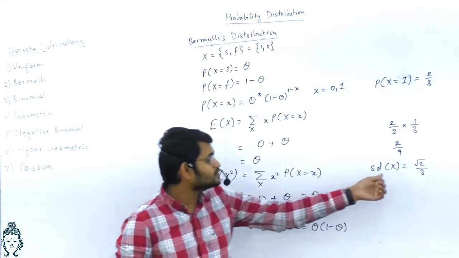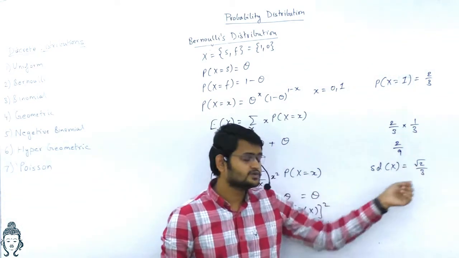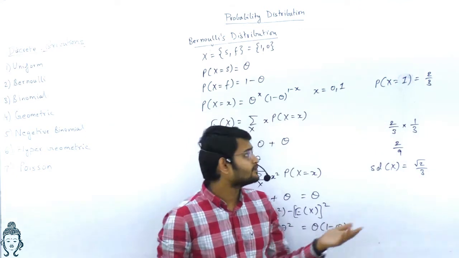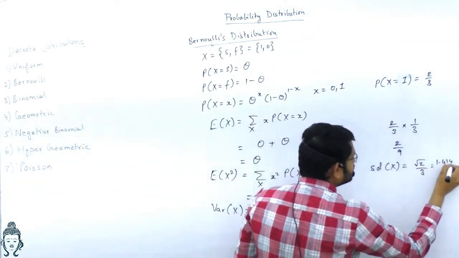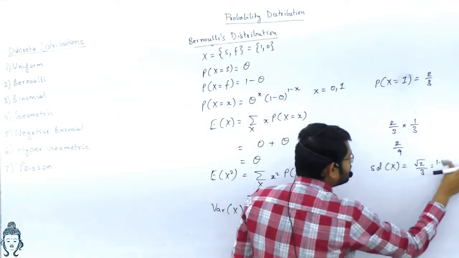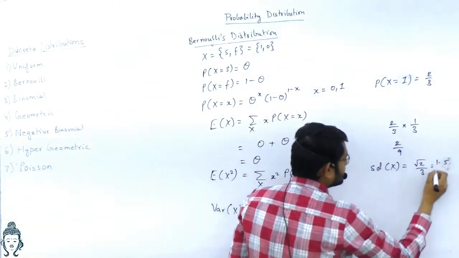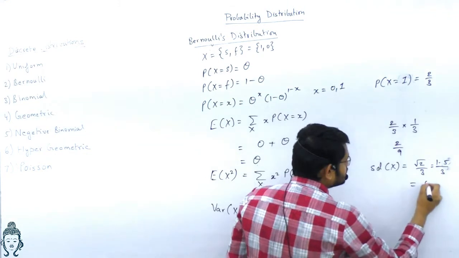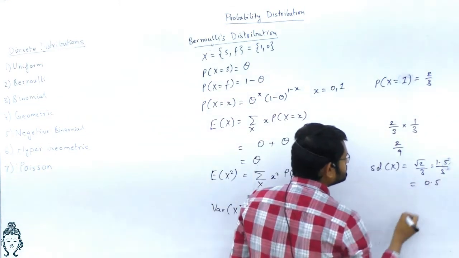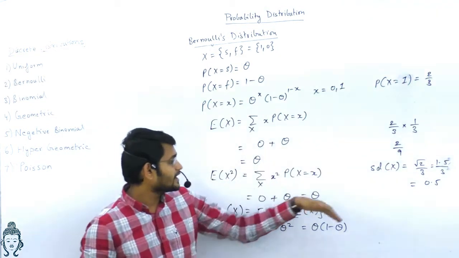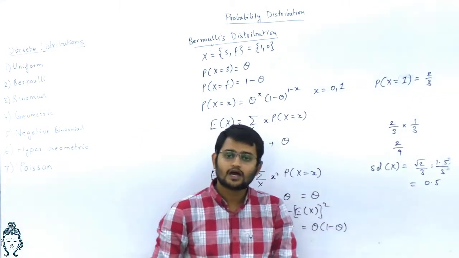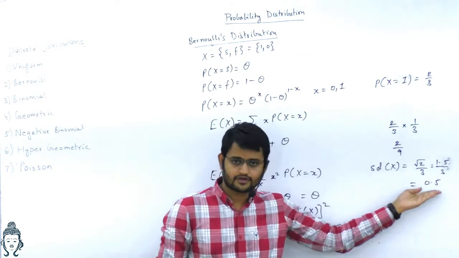Now if you assume root 2 is 1.414, let's assume it to be 1.5, divided by 3 is going to be 0.5, around 0.5 above our particular value, that is theta, and 0.5 below our particular value, less than 0.5 of course.